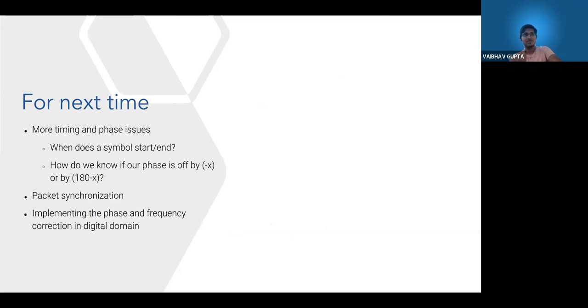Now, that raises more challenges. We've spent all this time saying that we don't know things that are needed to decode. So even if the code is known, how do I decode it if I don't know all of these things? We'll talk more about packet synchronization and all of the challenges that we still have to resolve in the next lecture.